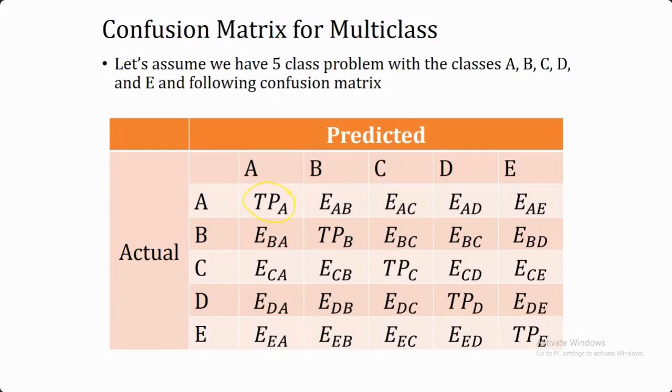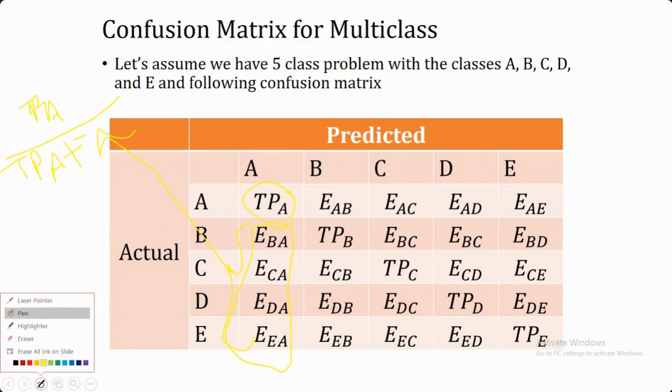So false positive was this case. So it's going to be your true positive divided by true positive plus all of this. All the values from this are going to be a part of this.